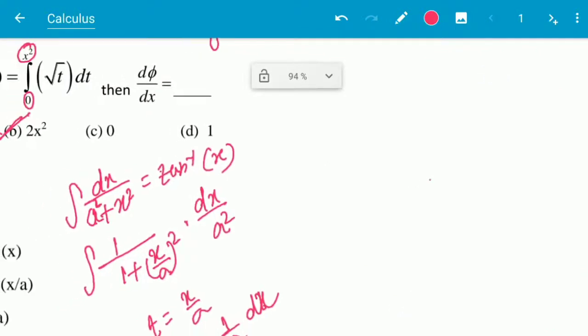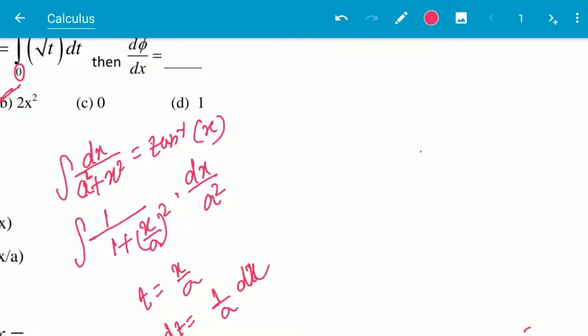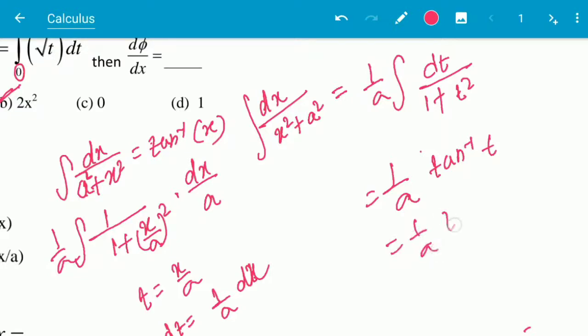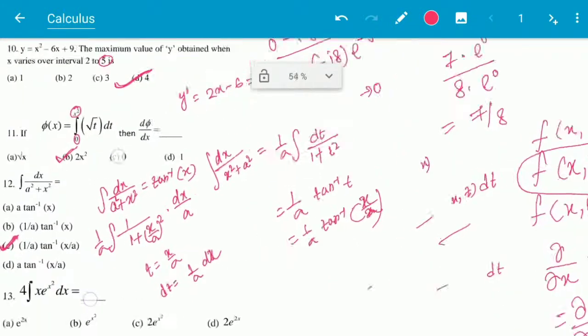So dt is 1 by a dx, and what will happen to the initial value? dx by x square plus a square is equal to 1 by a times dt by 1 plus t square, so this will be 1 by a into tan inverse t, and this is 1 by a tan inverse of x by a. This is only a formula, nothing else.